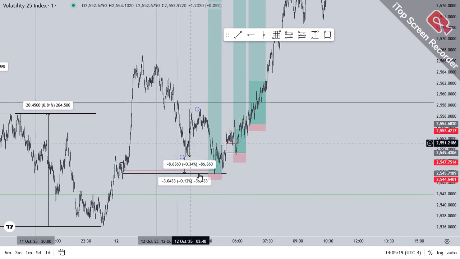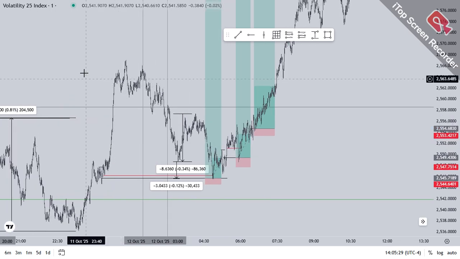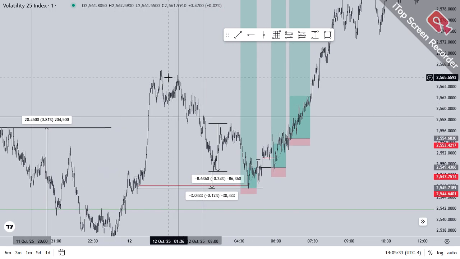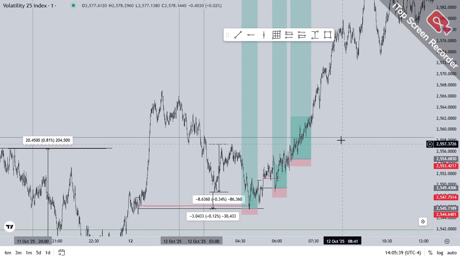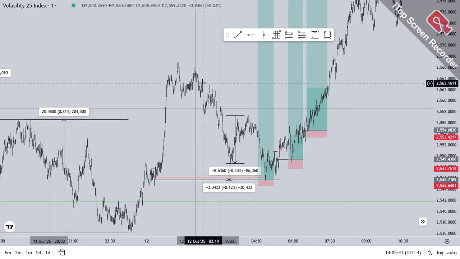But now this, should I say, is a manipulation leg, because we had, remember the rule before. Yes, we could take this, but it is better to trade alongside the trend than just trading sessions, right?